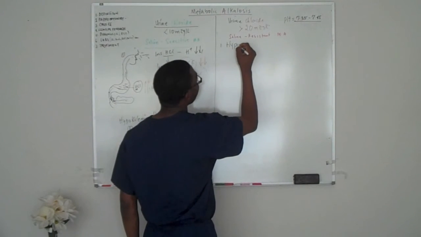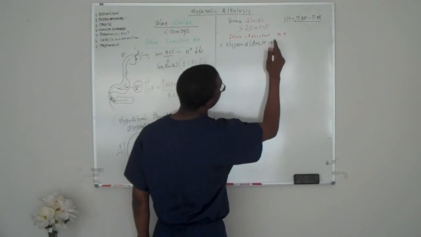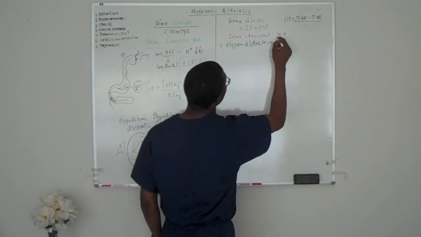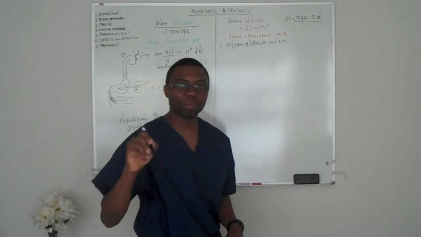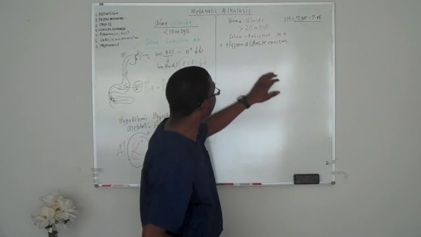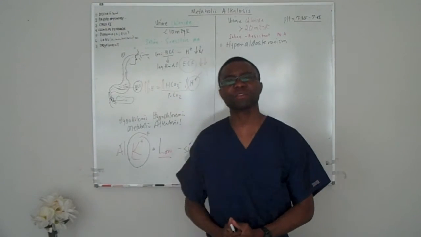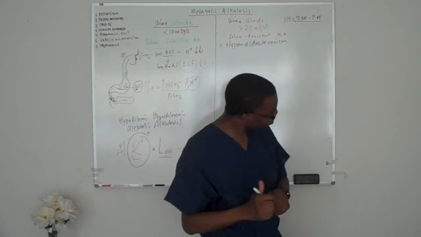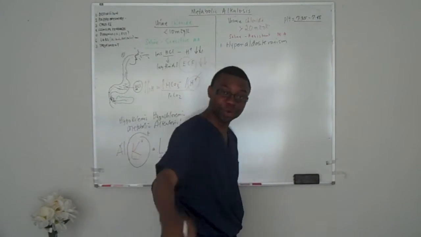The most common cause of urine chloride saline resistant metabolic alkalosis is hyperaldosteronism. Where's aldosterone coming from? Let me see. I might not remember, but no, I do remember.